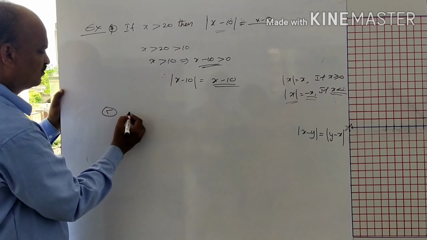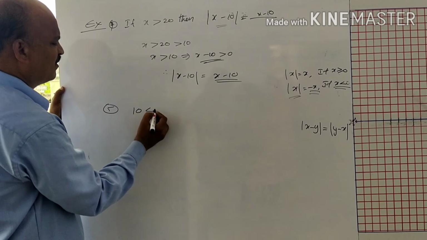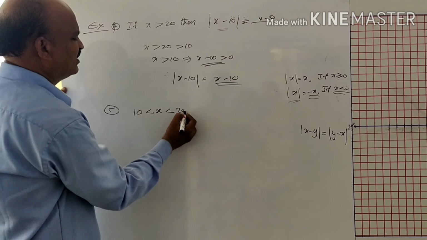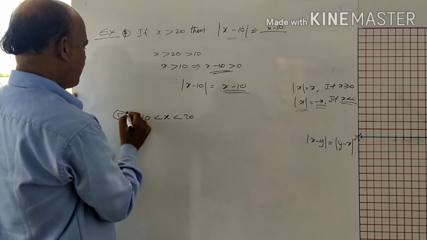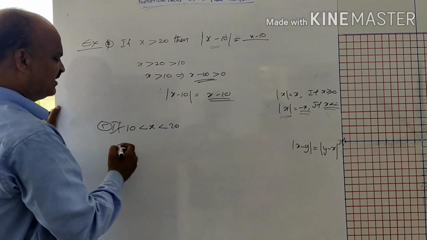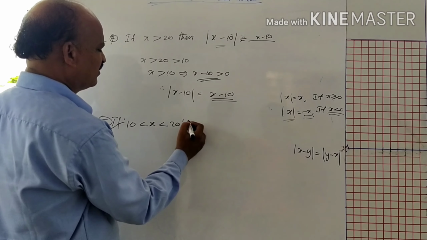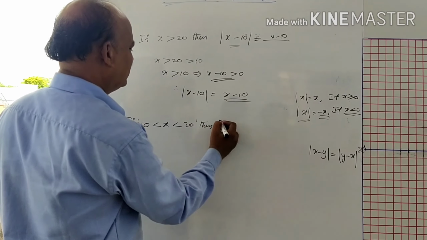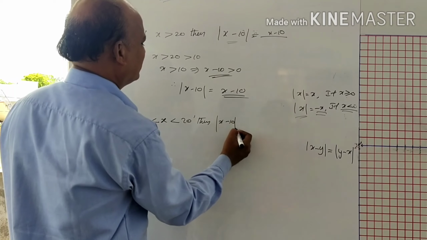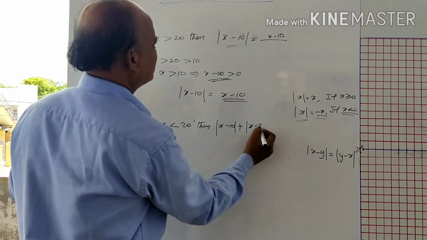Fifth one, 10 less than x less than 20. If 10 less than x less than 20, then what is the value of modulus x minus 10 plus modulus x minus 20?